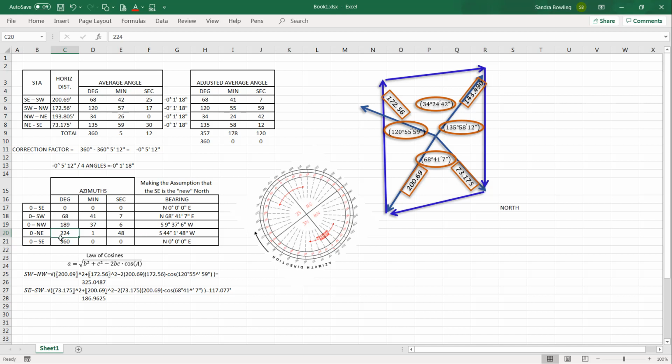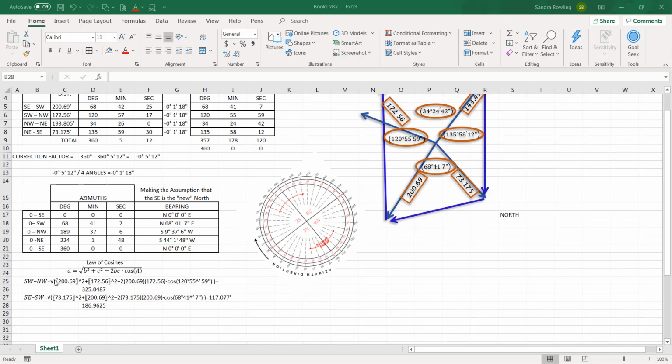I'm going to just subtract 180 from the 224, and that gives me 44 degrees, 1 minute, 48 seconds south west. All right, and then the last one goes all the way full circle to the northeast, saying it's 0 degrees, 0 minutes, or you can just say it's north, 0 degrees.